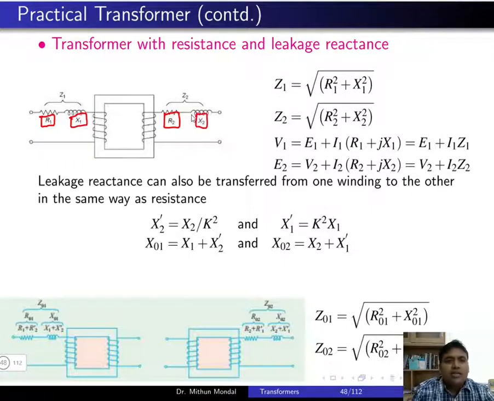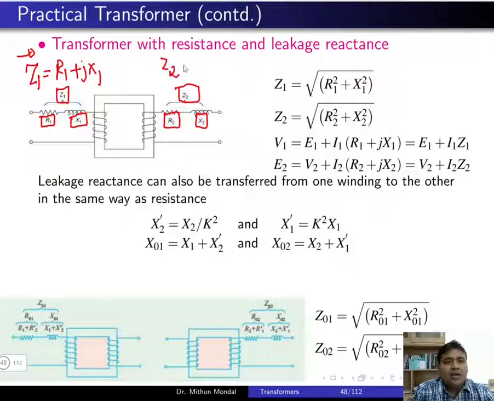The total impedance Z1 on the primary side and Z2 on the secondary side, you can represent in vector notation. So Z1, the impedance on the primary side, which is a vector quantity, can be represented as R1 plus j times X1, whereas the impedance on the secondary side you can represent as R2 plus j times X2.